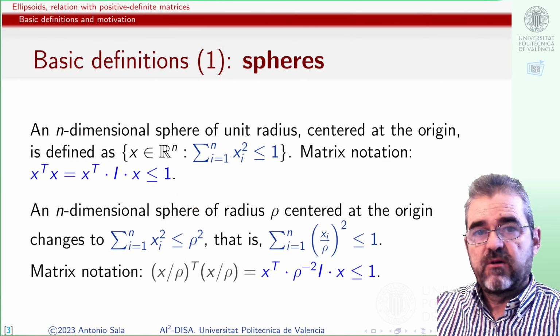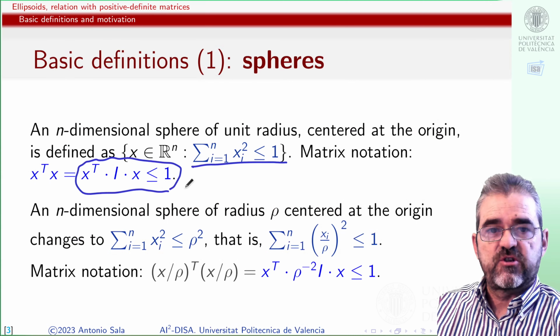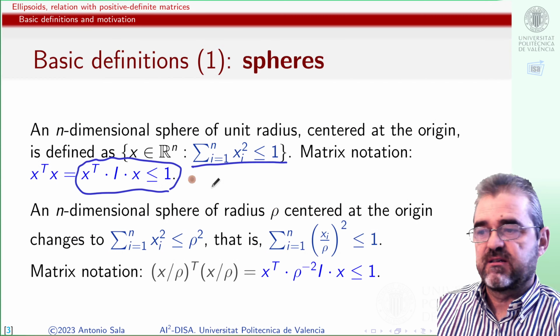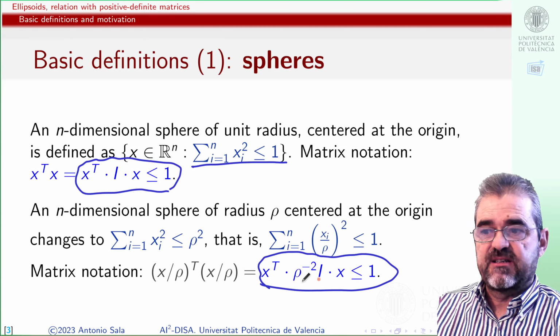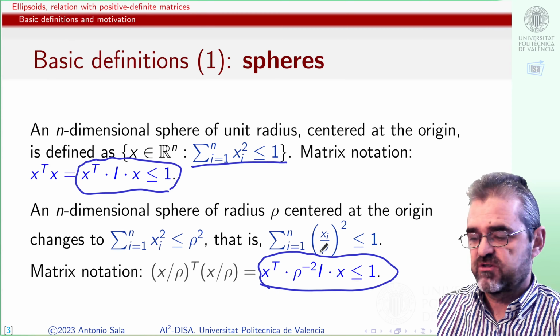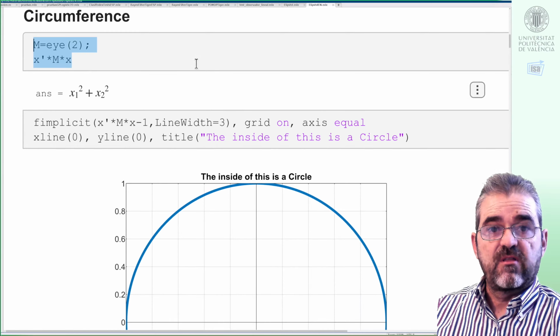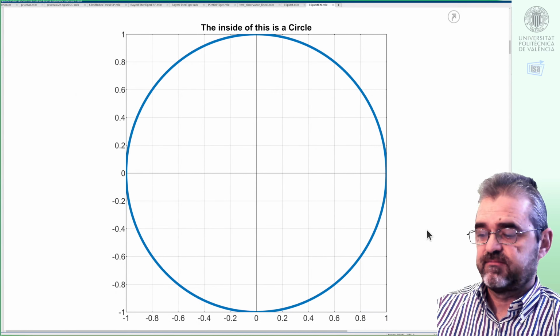If we recall our basic definitions, these sums of squares associated to the identity matrix in these inequalities defined the unit sphere. If I scale the identity matrix, as in here, I will get the hypersphere of radius rho in n dimensions. Here we have the quadratic form associated with the identity and the unit circle.